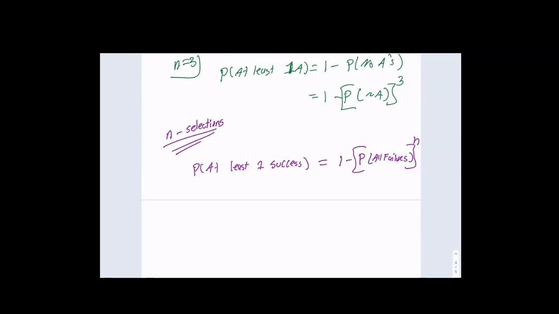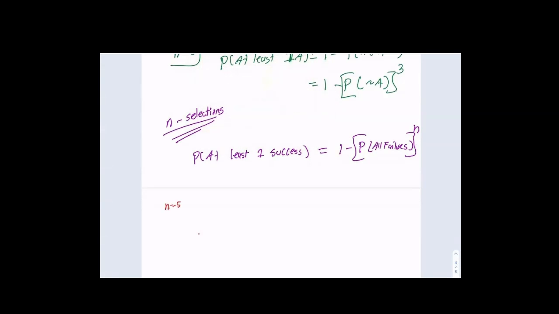Now, think about it. If n was 5, if we were going to do something 5 times, we said that there was going to be 32 possibilities, which means 31 of those possibilities have at least one instance of a success. And there's only one instance where you did not get at least one success, where you get failure, failure, failure, failure, and failure.